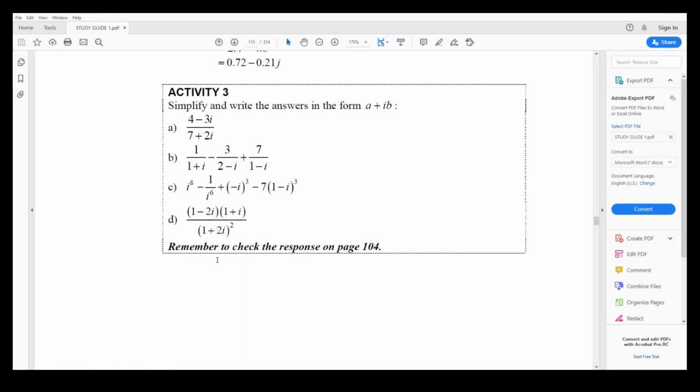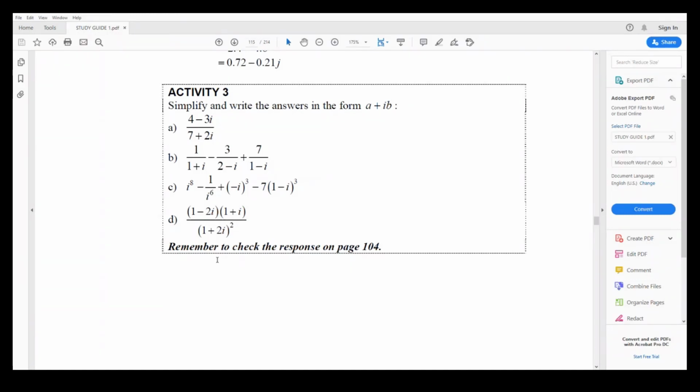It is not difficult. We'll have the same approach, because there we've got 3 terms now. For all of those 3 terms, we'll multiply by the conjugate of the denominator, top and bottom, and the same for 7 over 1 minus I. None of them pose a serious problem. D may be a bit tricky, but it's not.